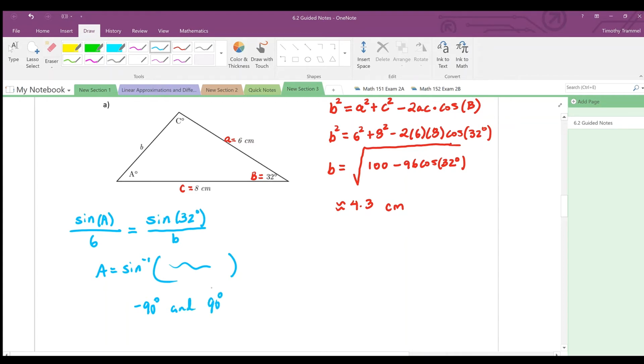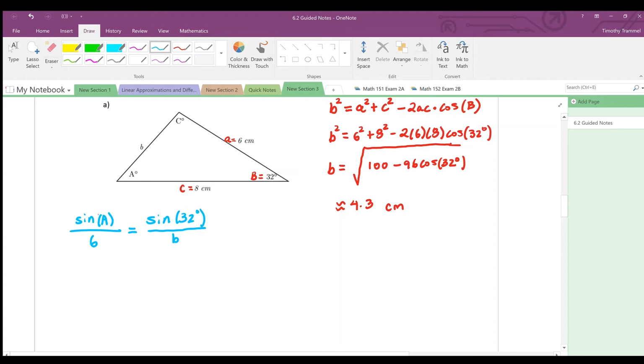So obtuse angles, which are bigger than 90, sine inverse can't even give you those. And if we choose to use law of sines to find an obtuse angle, we're going to have to be really careful. We're going to have to think about our unit circle, and we'll have to manipulate the answer that we get a little bit. So in order to avoid that, we're going to find angle A here first rather than angle C.